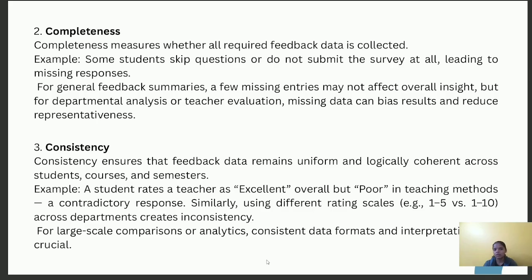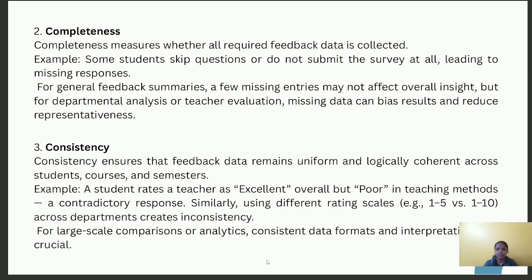Or some of them are not filling the feedback form. This may lead to incompleteness. For general feedback summaries, a few missing entries may not affect overall insight, but for departmental analysis or teacher evaluation, missing data can bias results and reduce the representativeness.